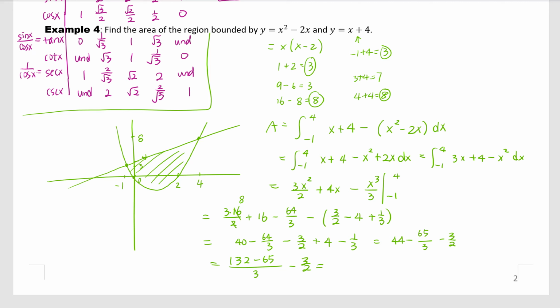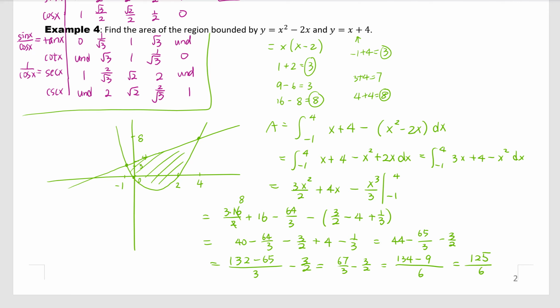Okay, so 132 minus 65 is 67. Right? So 67 over 3 minus 3 over 2. Oh, the common denominator is 6. 67 times 2 is 134. 3 times 3, 9. So we have 125 over 6.